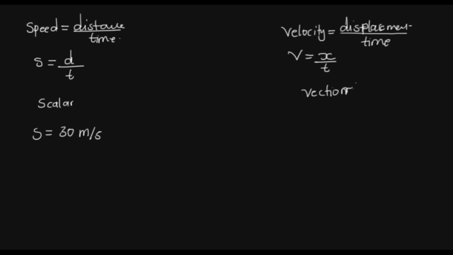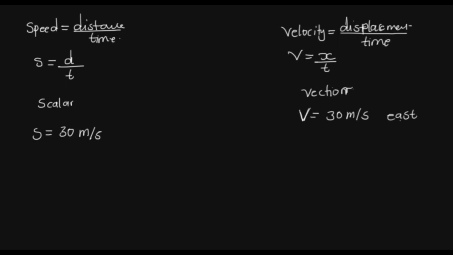Now for a vector quantity such as velocity, if we say an object moves with a velocity of, let's say, 30 meters per second, we need to indicate the direction. Let's say it moves 30 meters per second east.